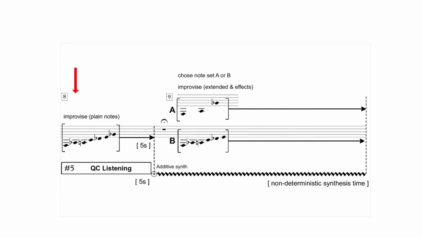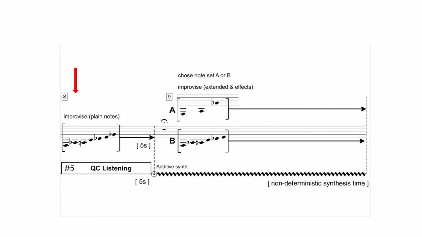The listened improvisation is then processed, the client and the performer do their jobs, as I explained earlier, and a response is produced. In this case, the response is synthesized by the additive synthesizer.